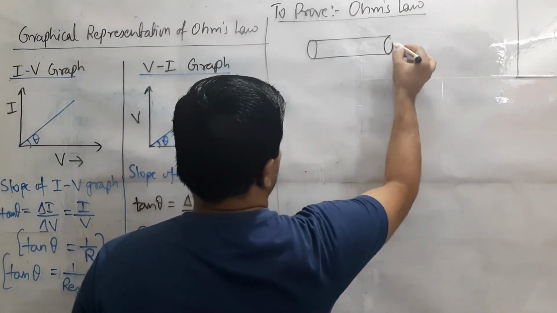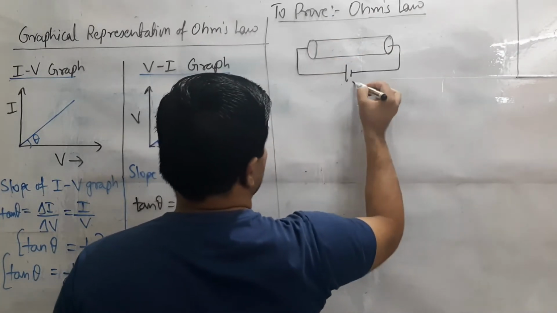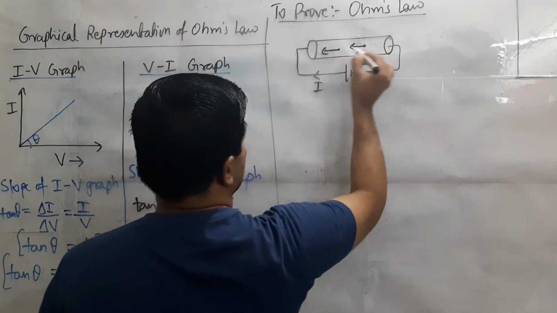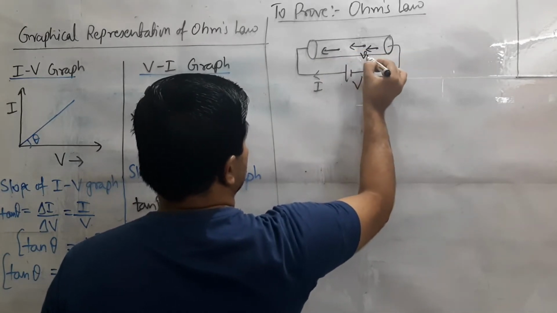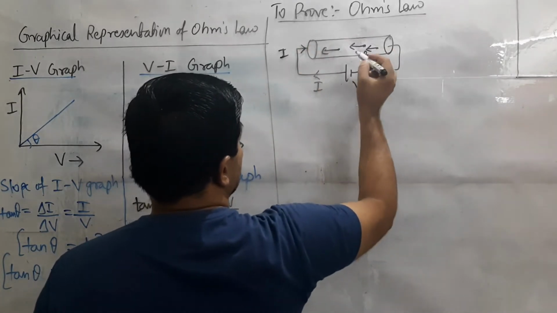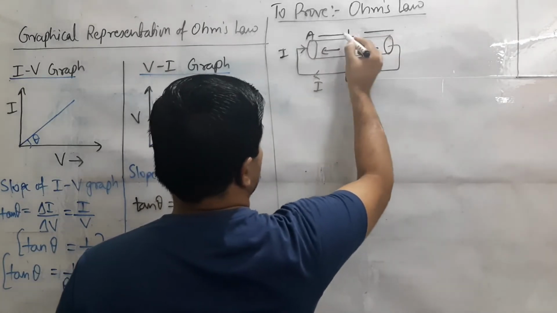The conducting wire of certain cross-sectional area A and length L is connected to a source of potential difference V, giving current I. A certain number of free electrons are moving in it with certain drift speed Vd.